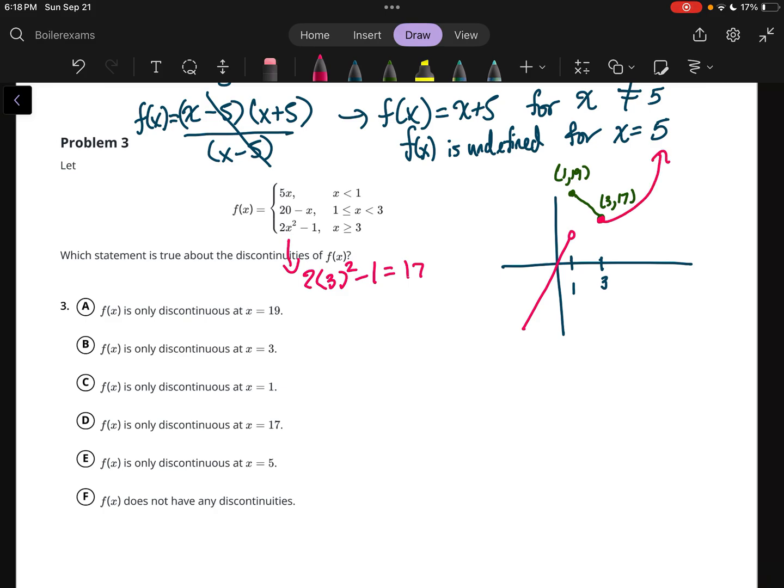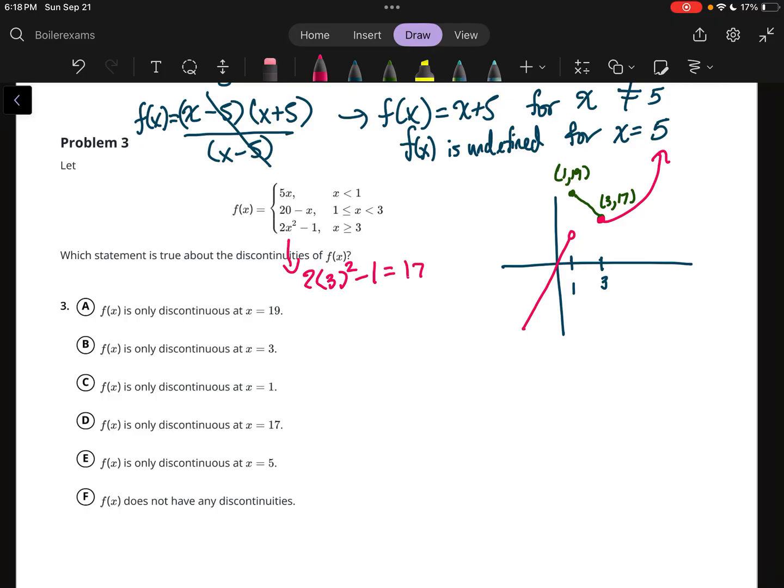Okay, and they ask us what is true about the discontinuities of f of x. We can basically notice two things. Our function is split into 3 parts. Each of the individual parts themselves are continuous.